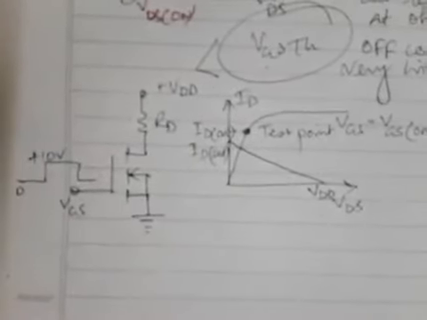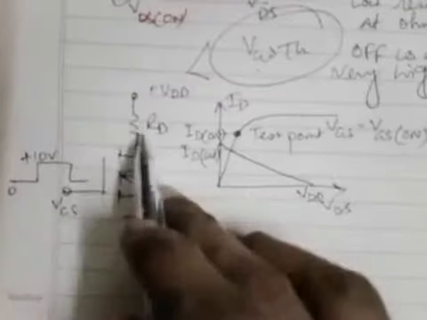Now let us see what happens when biasing in the ohmic region in some other way. Let us suppose we have this circuit, an n channel enhancement MOSFET, where a drain resistance is connected over here and VDD, the drain biasing voltage, is applied.